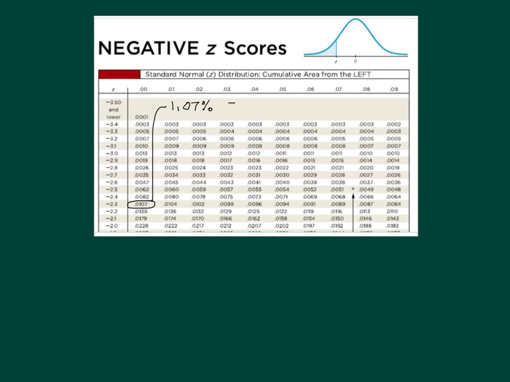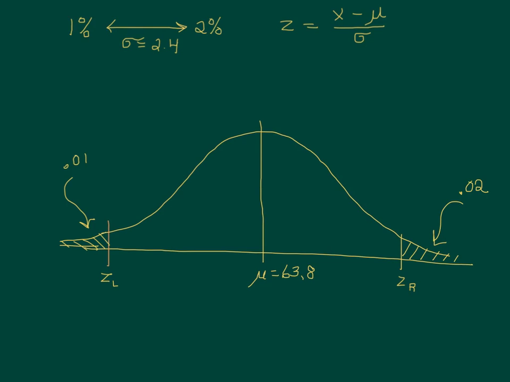The z-score for this is -2.3, so -2.30. There's our left-hand z-score: our z-score for 1% is negative 2.3.